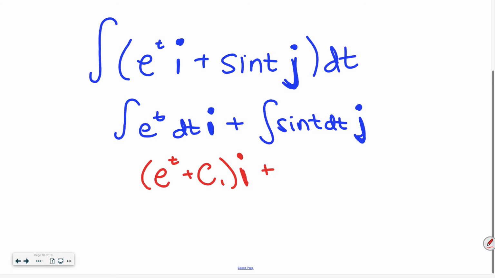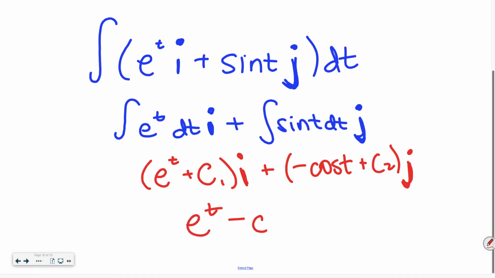What's the antiderivative of sine of t? Negative cosine, plus C2. Now, if we have a constant times i plus a constant times j, we can write our vector plus a constant vector C.